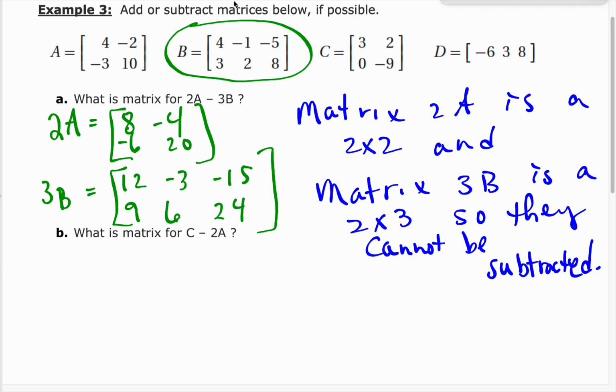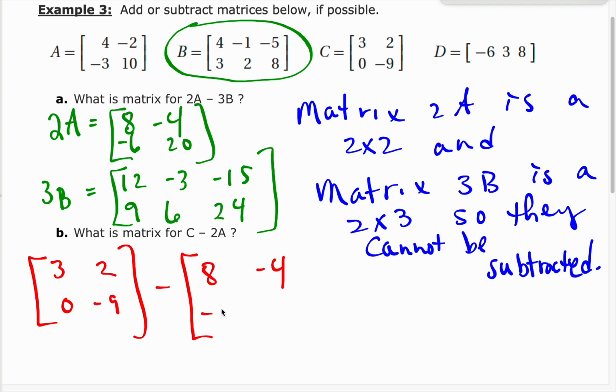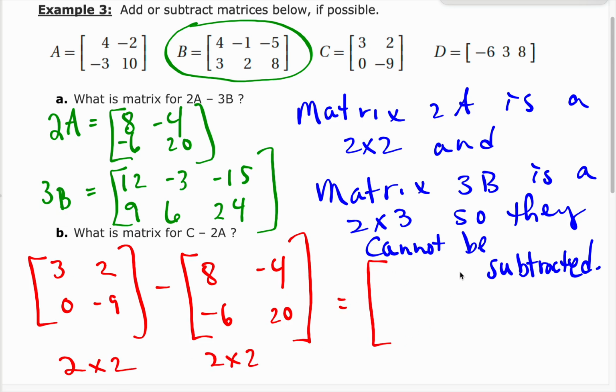Okay, B, we are going to take C minus 2A. Well, here's 2A, so we're going to take C, which is 3, 2, 0, negative 9, and we're going to subtract 2A, which is right here, 8, negative 4, negative 6, and 20. We're dealing with a 2 by 2 minus a 2 by 2. We are good. We're going to create another 2 by 2 when we subtract.